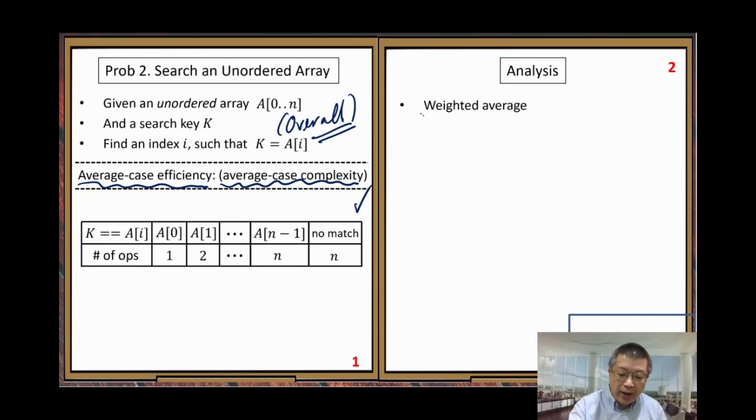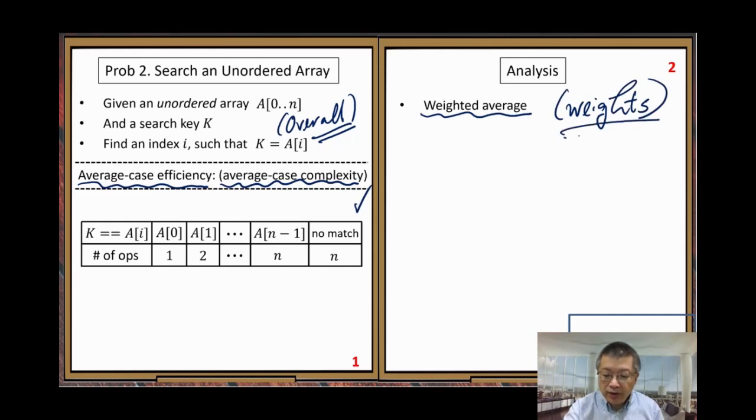This weighted average will give us a fair way. The question is, how do you determine the weights? When you look at the weighted average, how do you determine the weights for all the cases?